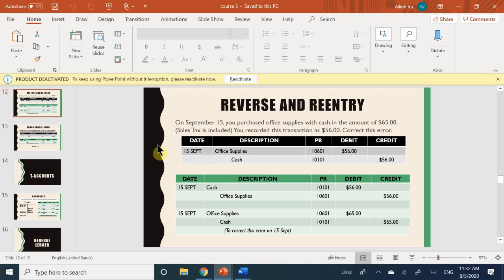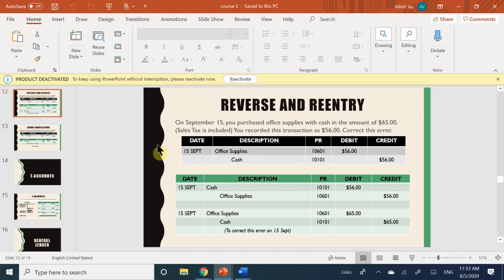That's the best way I would reinterpret reverse and re-entry: you bought the supplies, you would figuratively return the supplies and then repurchase them. In a sense, yes. So you entered it here, you reverse the transaction to zero out your transaction, and then you re-record it with the correct amount.